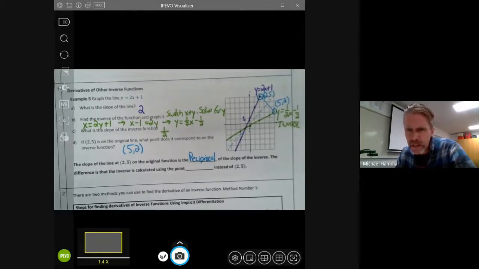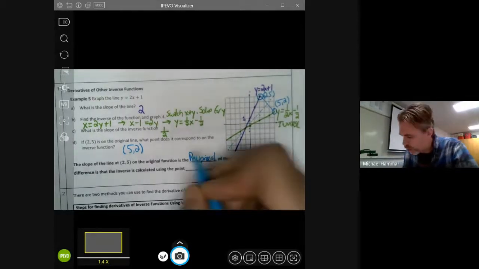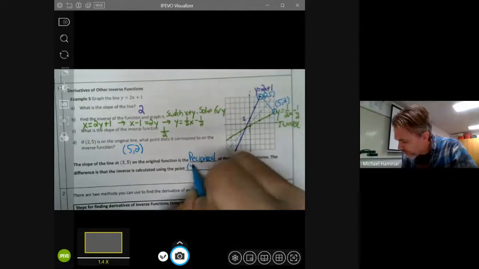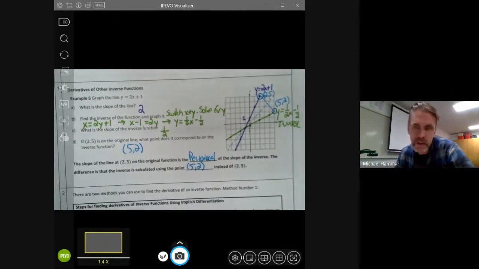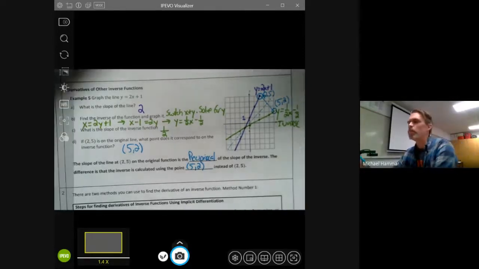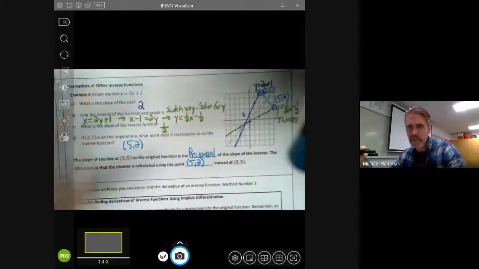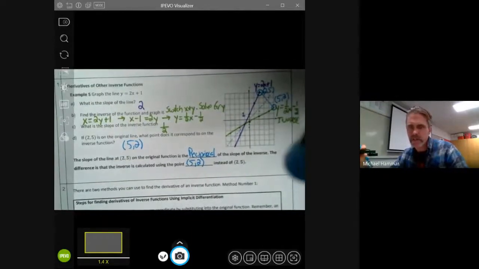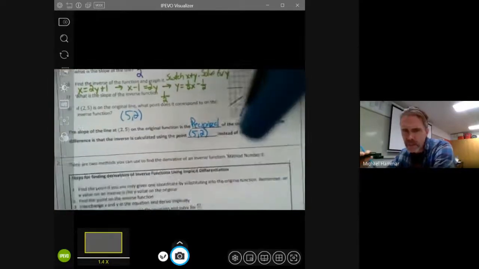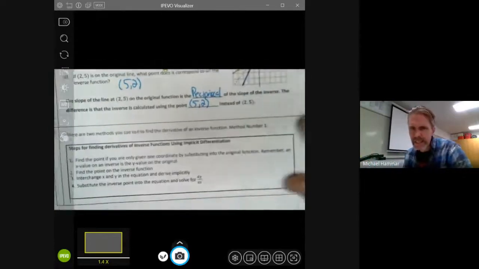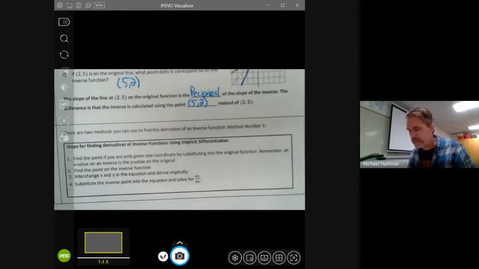The difference is the inverse is calculated using the point (5,2) instead of (2,5). So let's talk about how we're going to use this. There are 2 different ways to find the derivatives of inverses. The first way is what we did in part B up here in this problem.